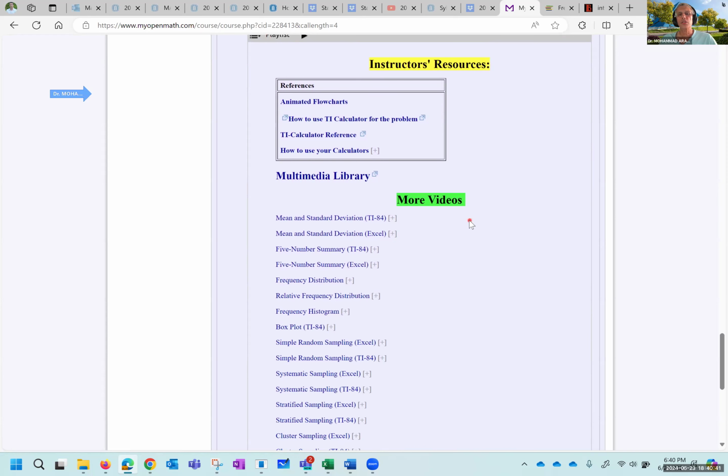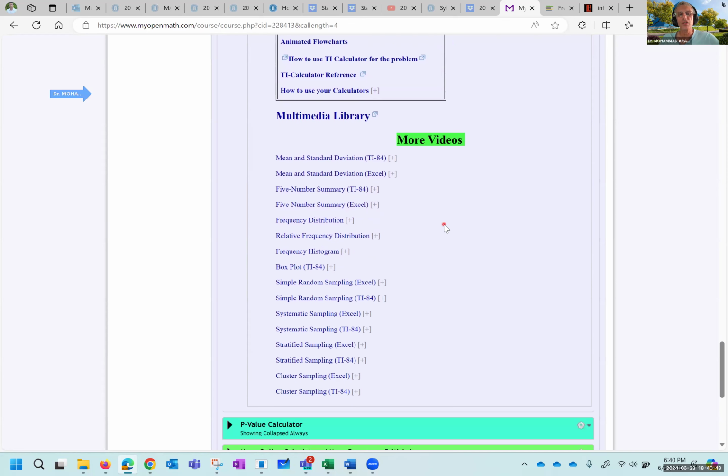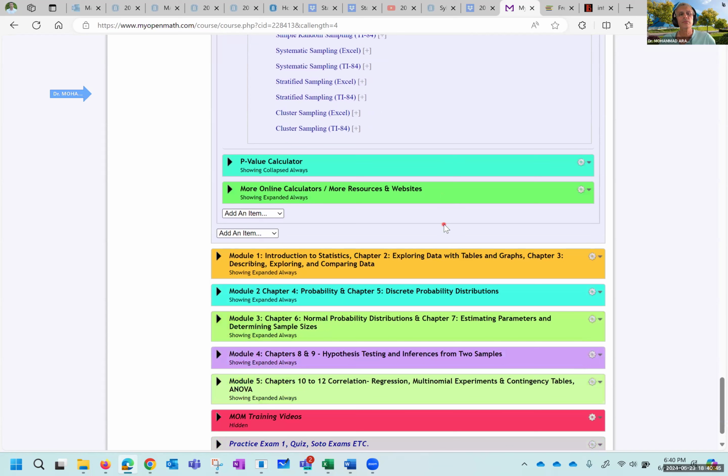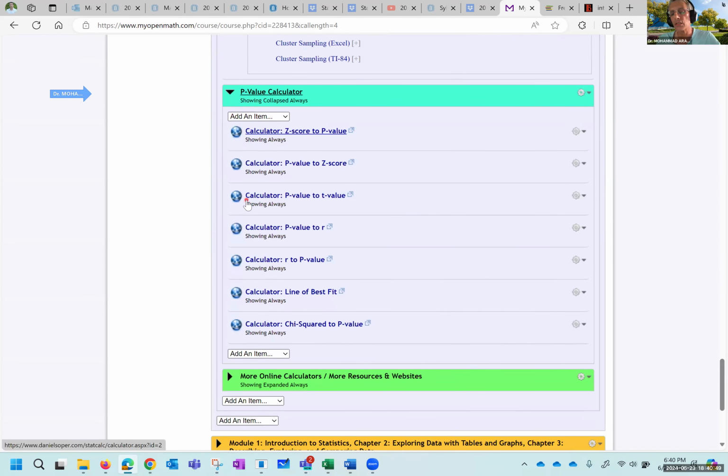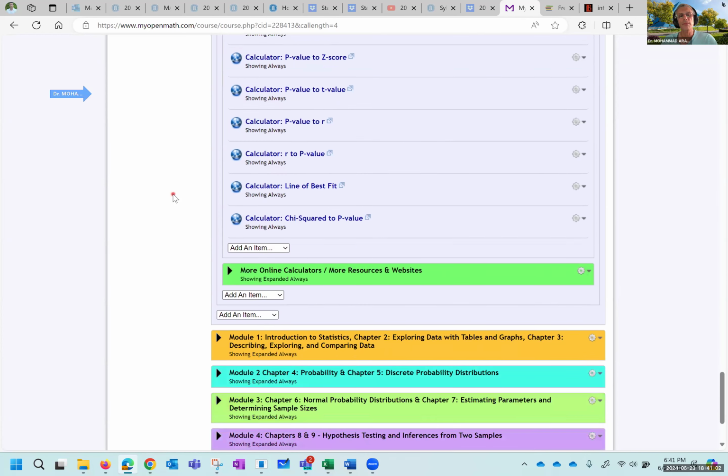Then instructor's resources, more videos, p-value calculators. Later on when we discuss hypothesis testing, p-value becomes obvious as to what it is, and a lot of students may find it easier if they use a p-value calculator.